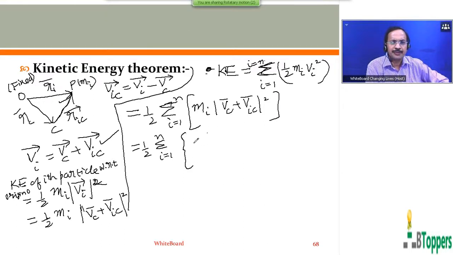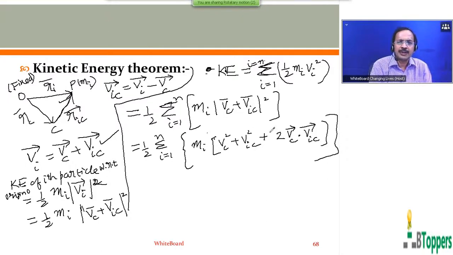We can expand this here: mi into vc square plus v square subscript IC plus 2 vc bar dot v bar subscript IC, just as I have written earlier, the square of the magnitude of the vector sum of A bar and B bar, that is square of mod of A bar plus B bar, equals A square plus B square plus 2 into A bar dot B bar. Using that idea.